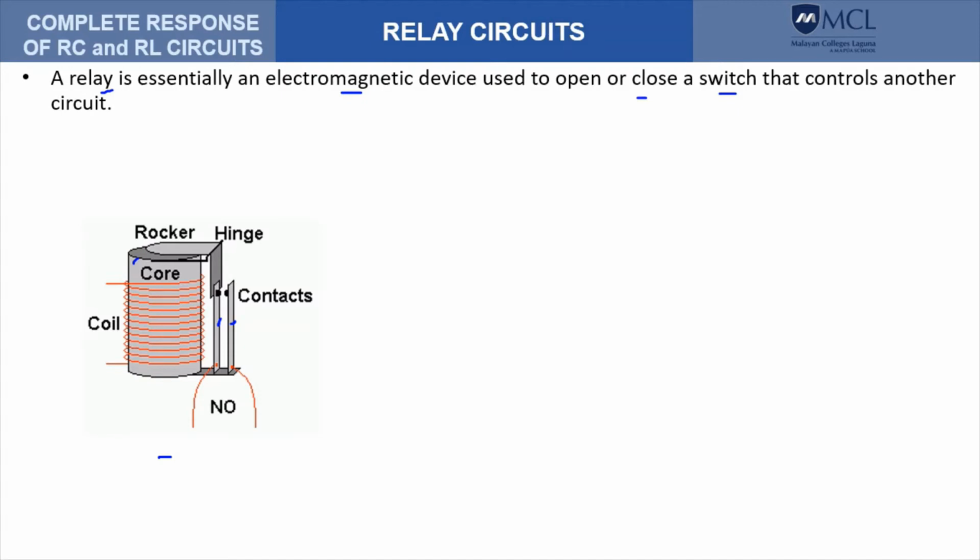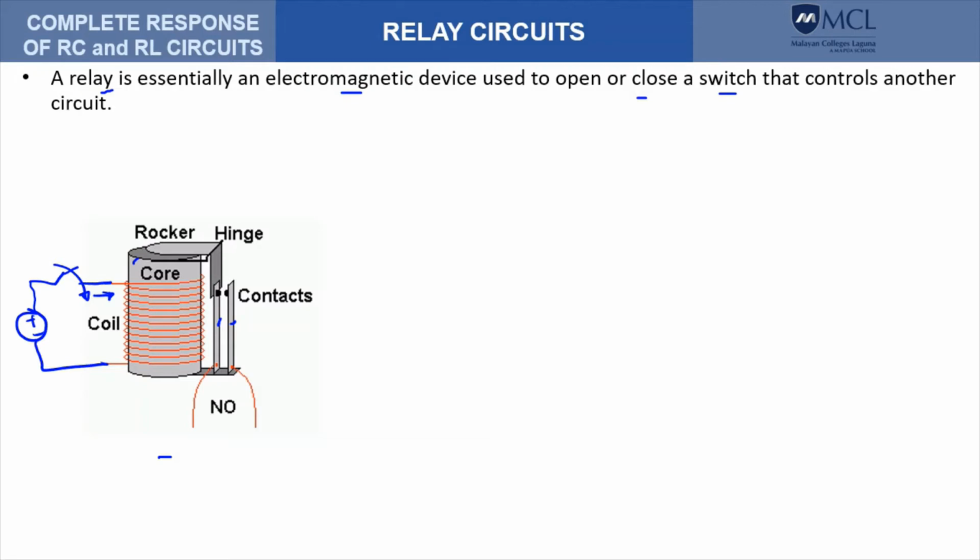So normally the coil is connected to a source through a switch. When the switch closes, a current will flow through the coil, and that coil will produce a magnetic field that will magnetize the core. That is, the core becomes a magnet.